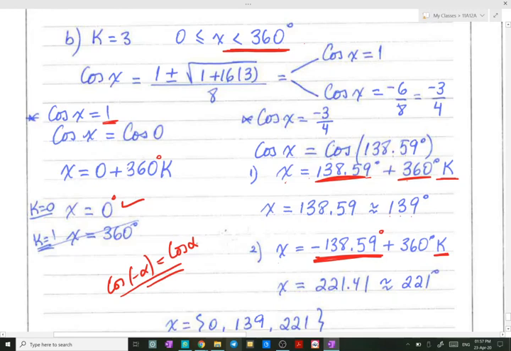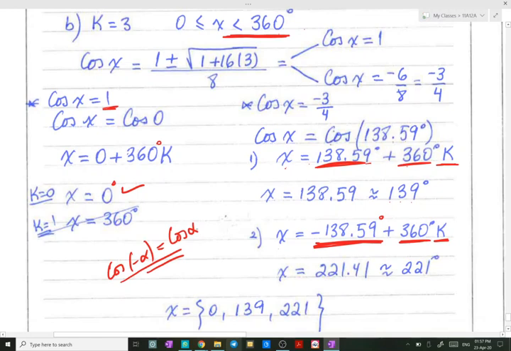When k is 1, this is the angle, 221 after you approximate it.